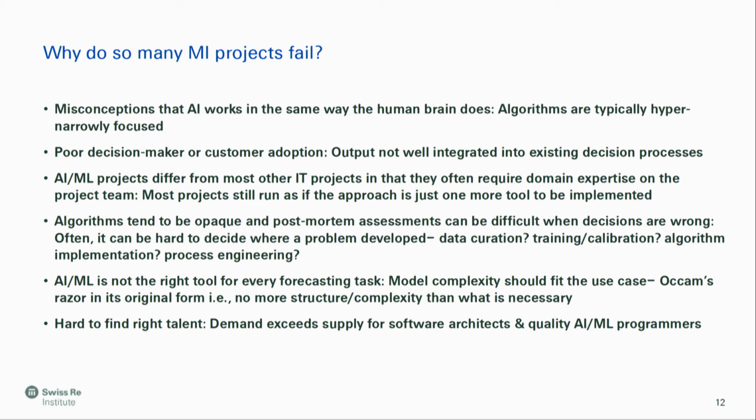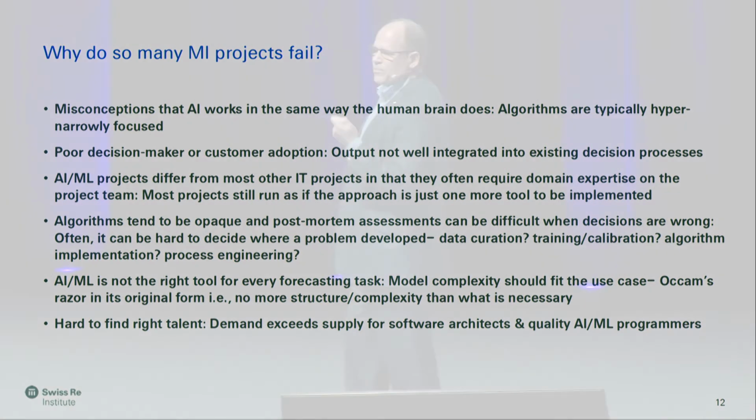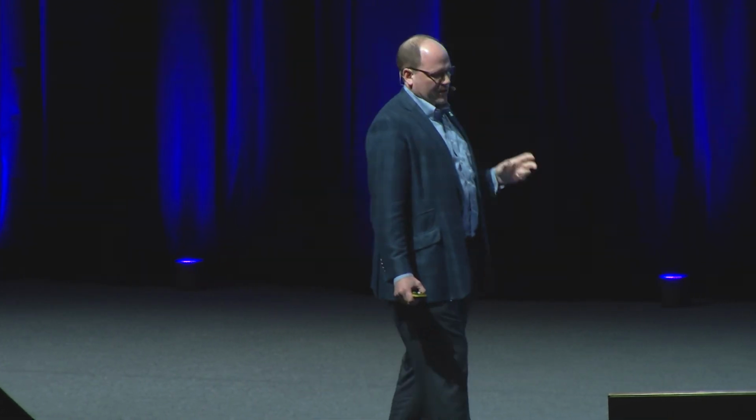Secondly, often the output is not well integrated into existing decision processes. This goes back to this notion of a skeuomorph. People are not taking advantage of the new capabilities that come from things like hive intelligence. And I think we should be communicating more what the opportunity set is. The other thing is, often these projects are run like regular IT projects where you don't think carefully about the project team structure.